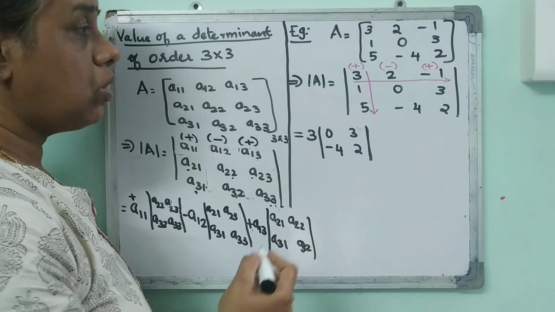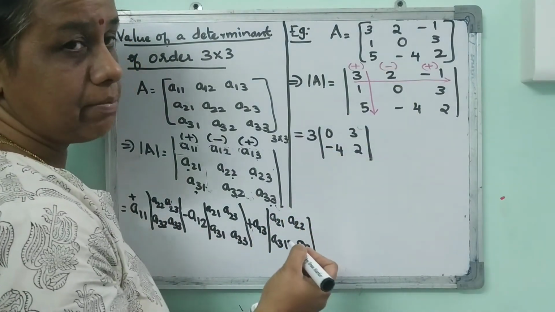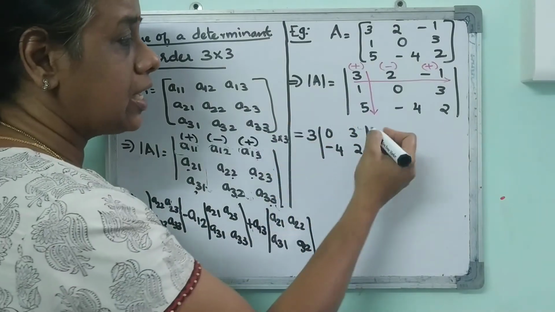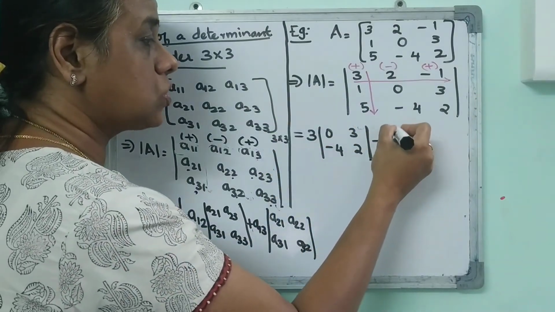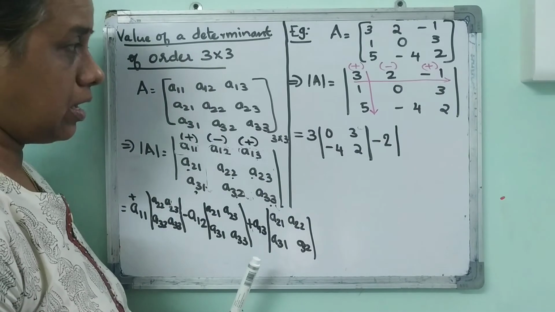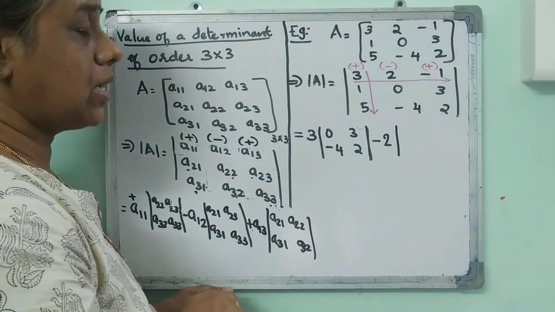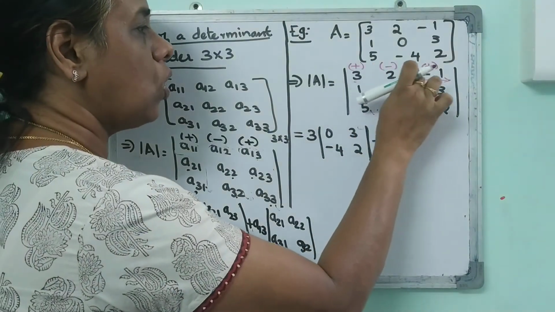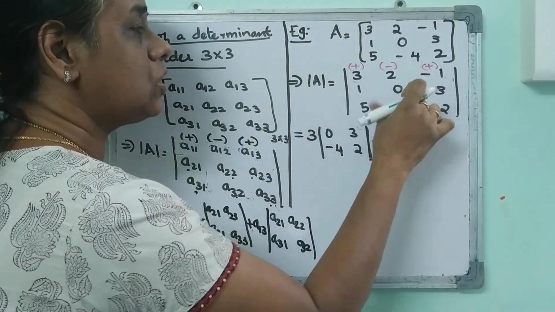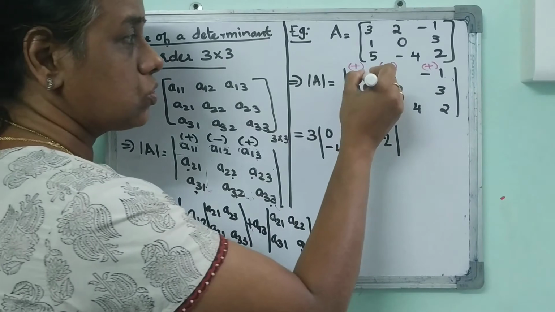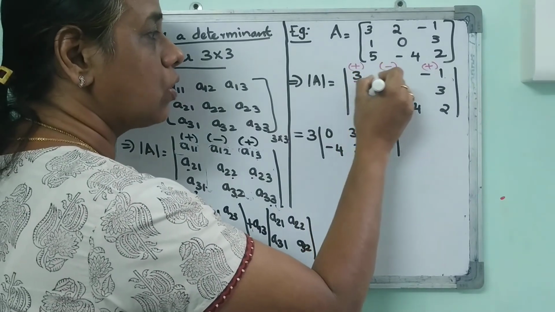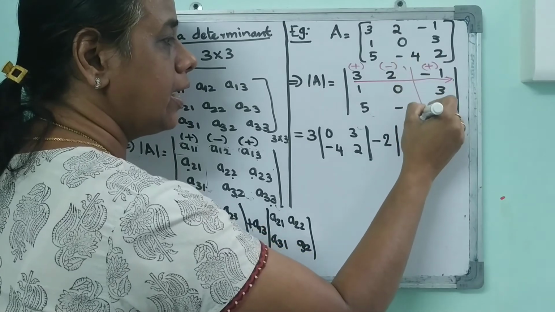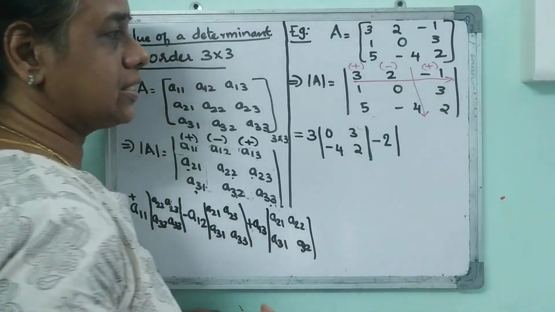Now what is to be done? Take the second element. What is the second element? 2. What is the sign to be put for that? It is minus. So minus 2 into, let us wait for the determinant. How is that determinant to be calculated? For that, you delete the row and column in which the element 2 lies.